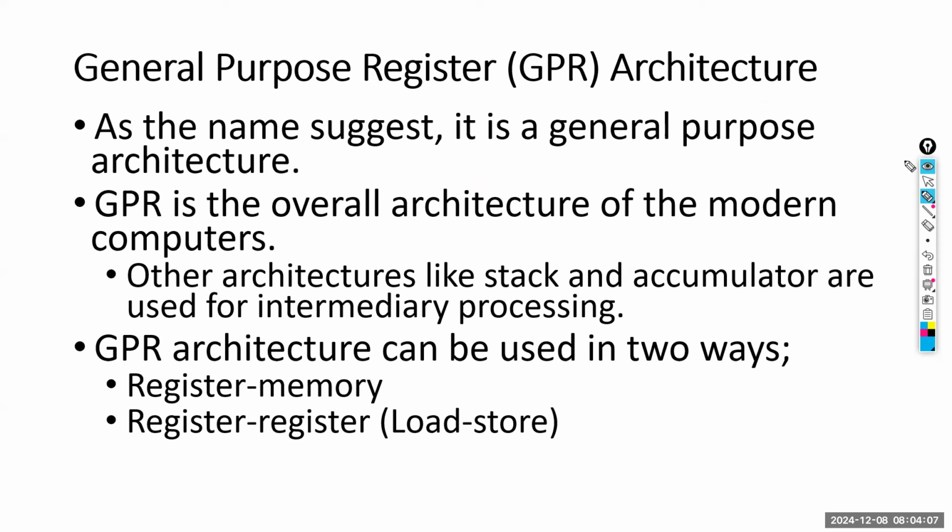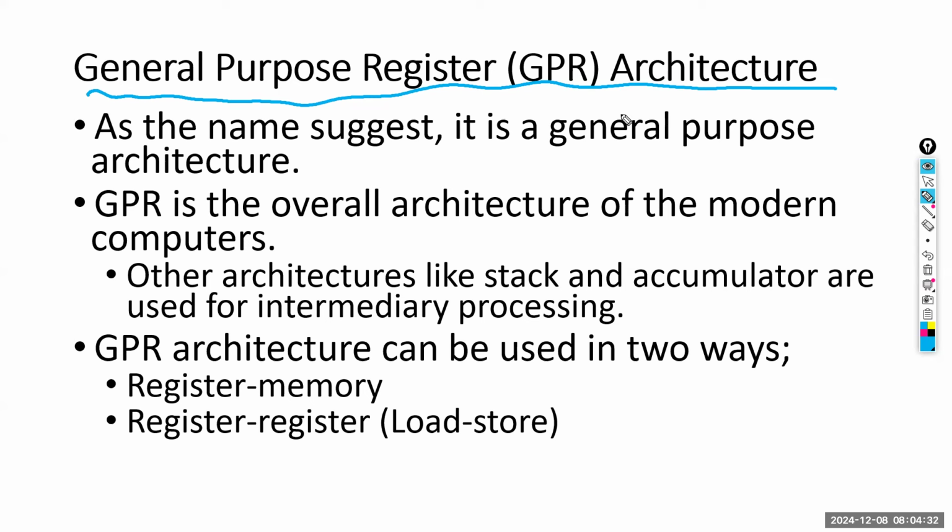So doing a set of things as a program. So that is where general purpose register architecture evolved. General purpose register architecture is more suitable for running programs, sets of instructions.